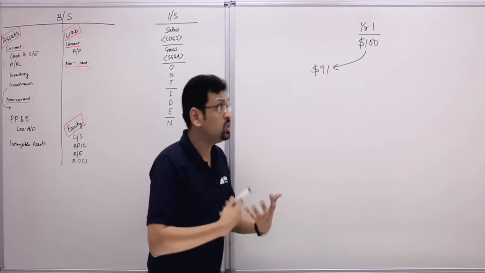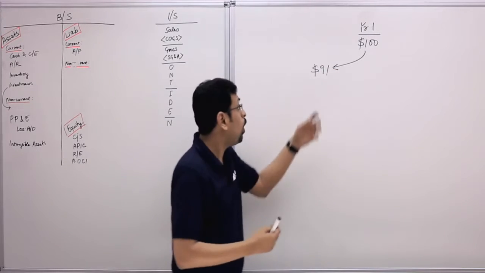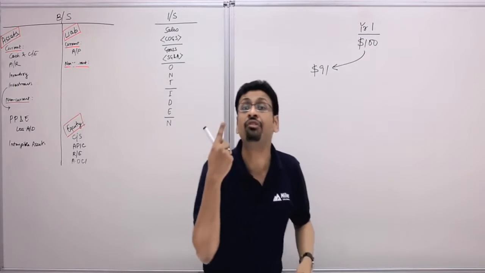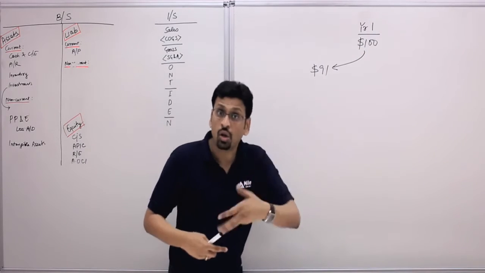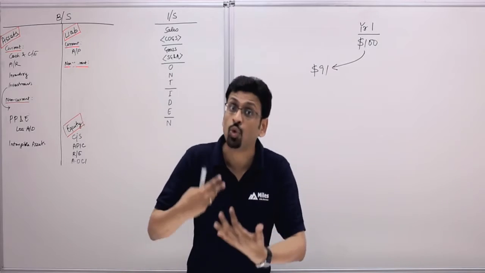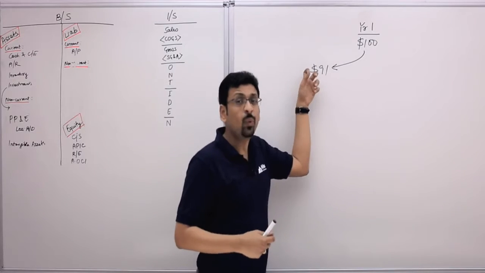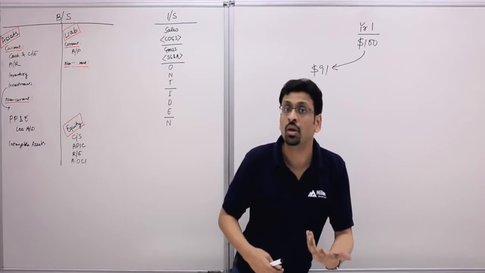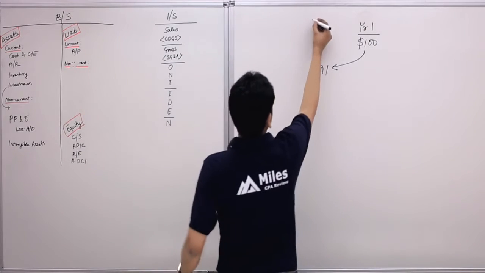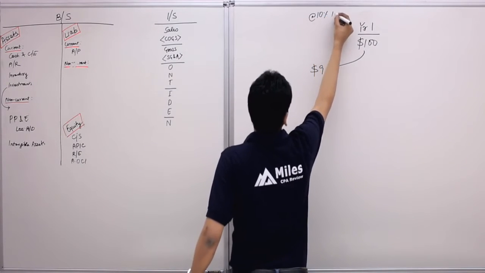Or in other words, the present value of $100 after 1 full year is $91 today. You could also say that the future value of $91 today is $100 after a year. Now, this is assuming a 10% interest rate.